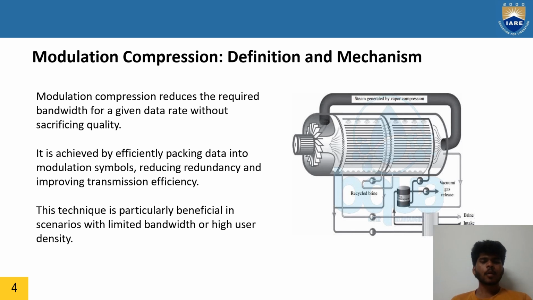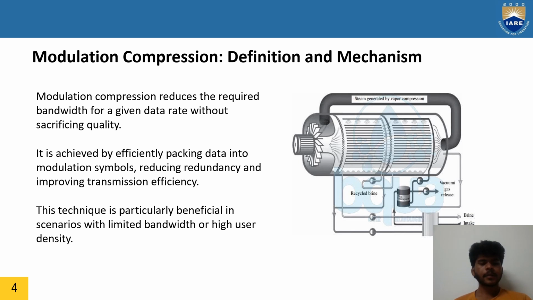Next one, modulation compression. Definition and mechanism. Modulation compression reduces the required bandwidth for a given data rate without sacrificing quality.